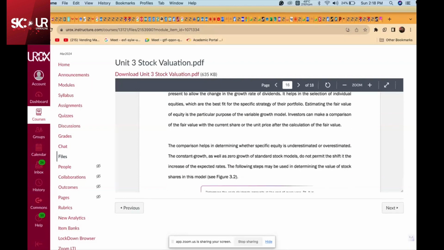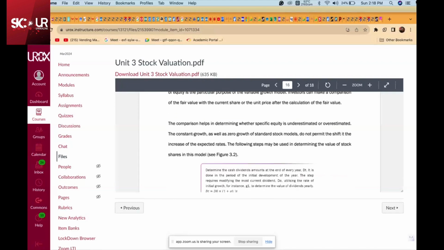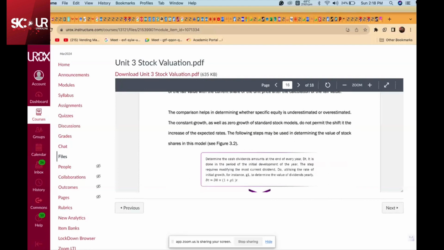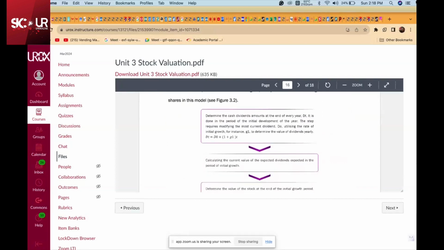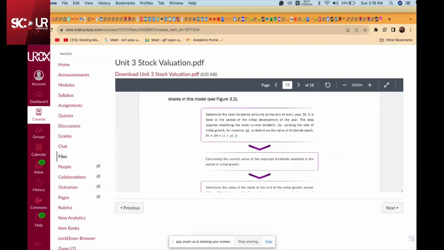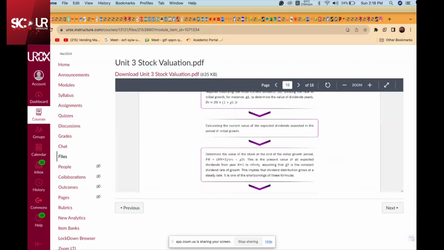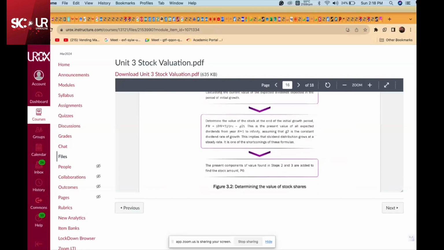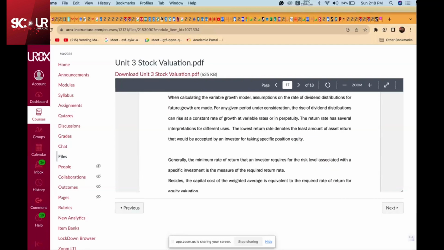The comparison will help to determine whether a specific equity is undervalued or overvalued. This is an example of how the calculation and the comparison are done.